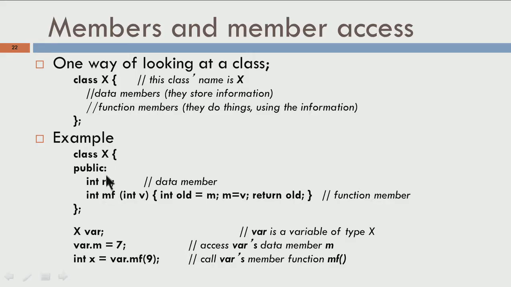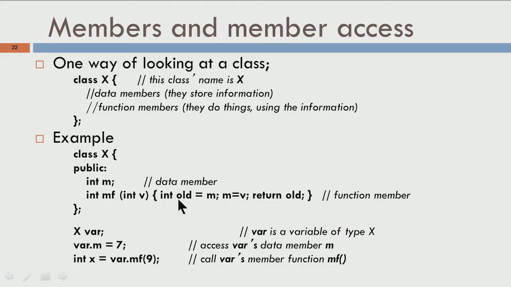X is a class and it has a variable m or the member m, and it has a function mf. This function mf is supposed to take an integer v and it takes the value of v, puts it in m, but the old value that was there before the function is called is supposed to be returned. So, that is the function member.